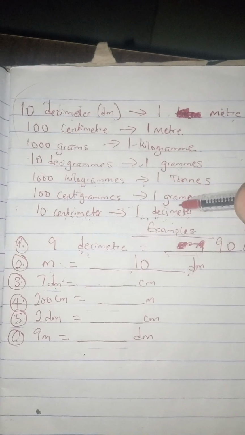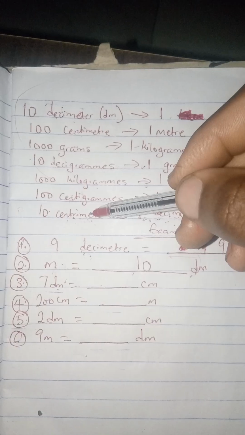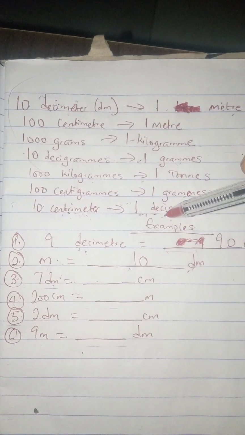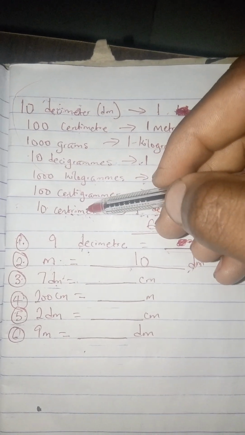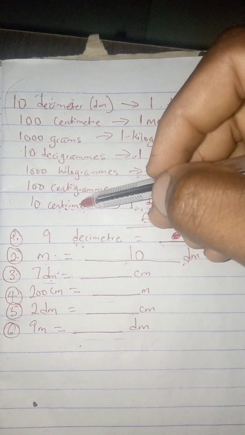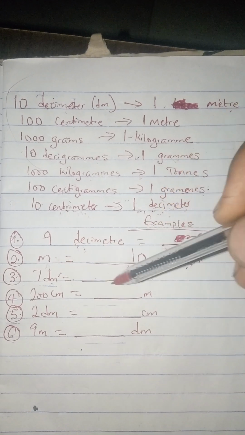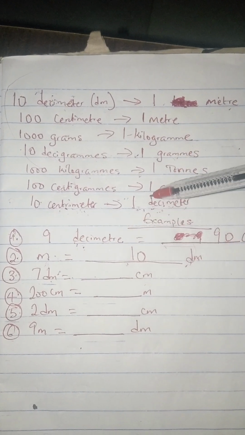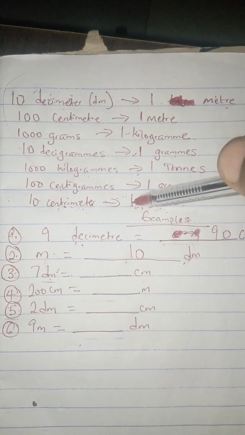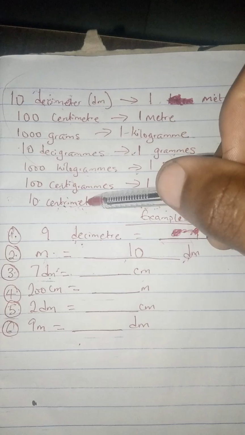Now 1 decimeter will give us 10 centimeter. Now here we have 7 decimeter will give us how many centimeter? You simply say 7 times 10, seeing that 1 decimeter gives us 10 centimeter.